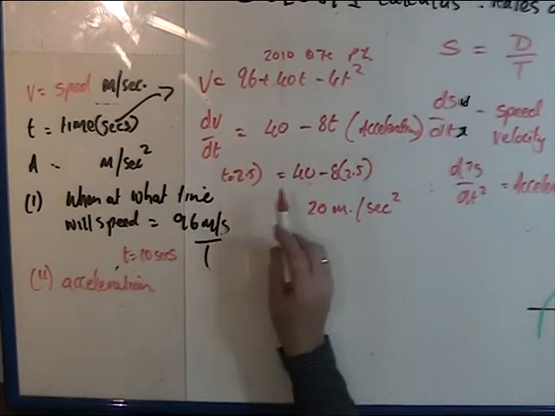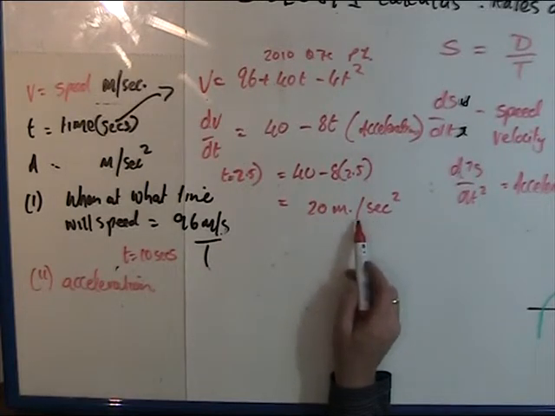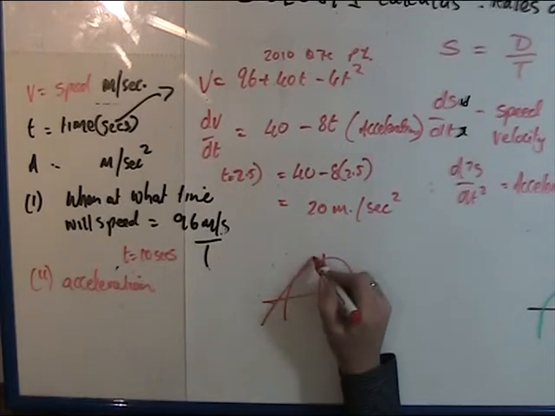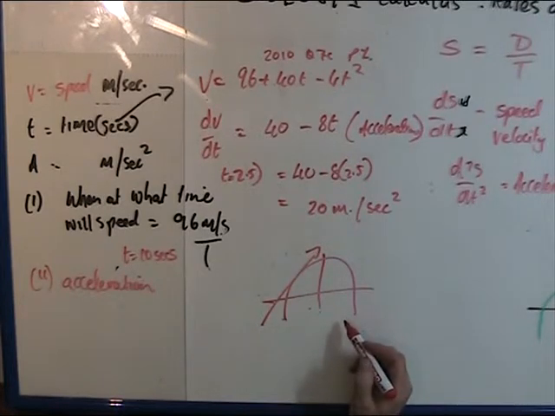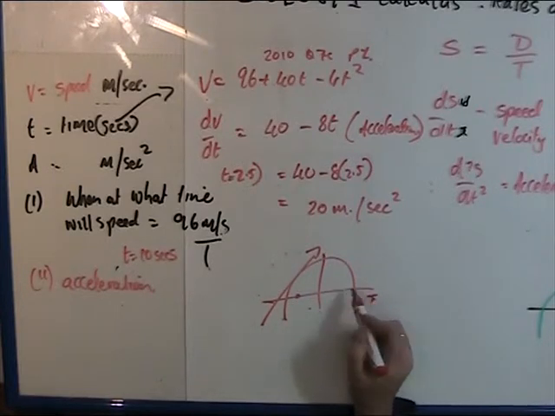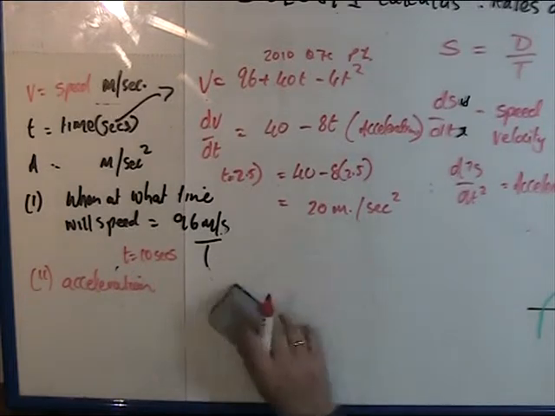So after 2.5 seconds, his acceleration was 20 meters per second squared. So he was going up in the graph, in that direction, that quickly at a certain point in time. That's the answer.